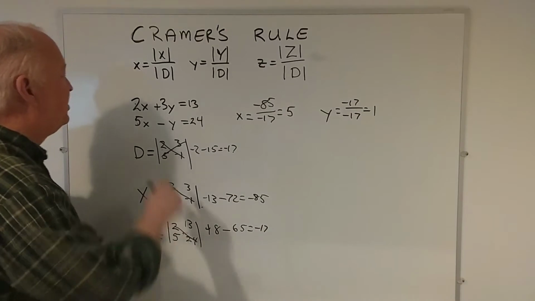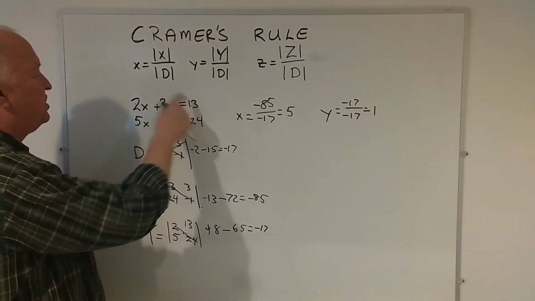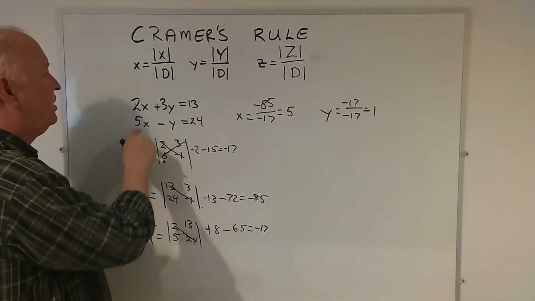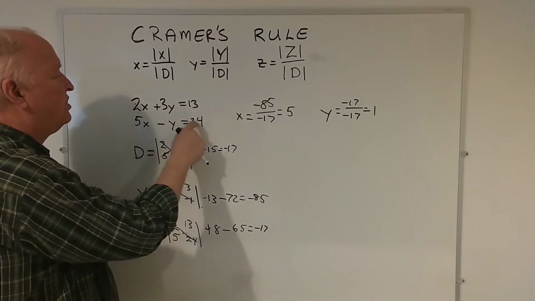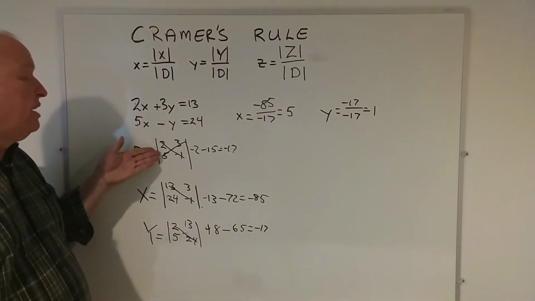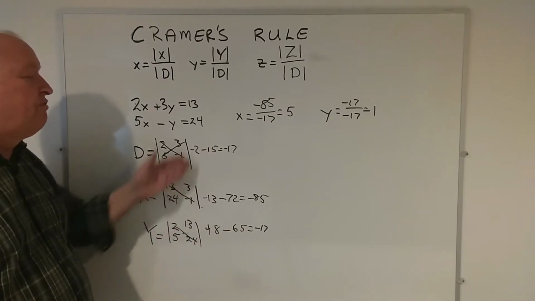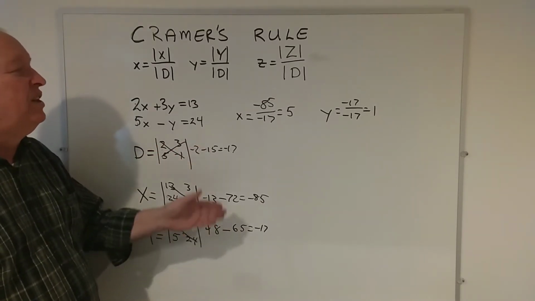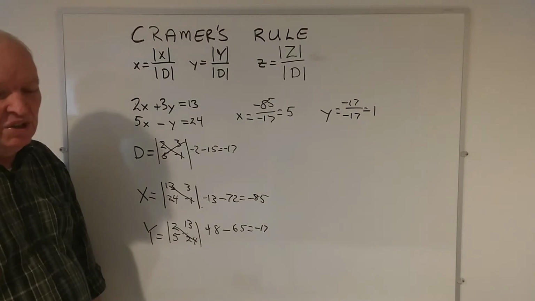And we'll see, 10 plus 3 is 13. Very good. 25 minus 1 is 24. So we were able to find the solution simply by writing 3 matrices, finding their determinants, and then using that to calculate x and y.